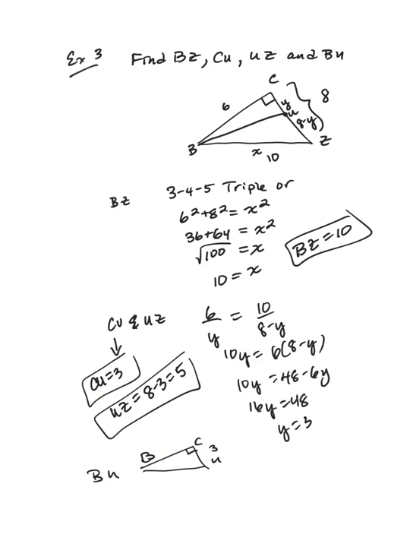This is 3, this is 6, and we'll just call this M. Doesn't matter. So we have 3 squared plus 6 squared is M squared. So that's 9 and 36, which is 45. The square root of 45 can simplify into 9 times 5. So that's 3 rad 5.